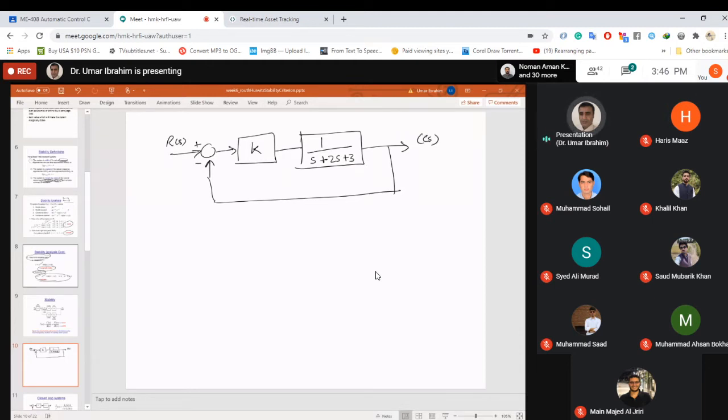Now, can anyone tell me what would be the roots, what would be the poles of this system, the transfer function? What will its poles be? S is equal to minus 2 plus minus... Can somebody quickly calculate it for me? 12 divided by 2.